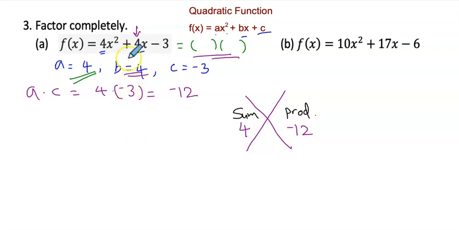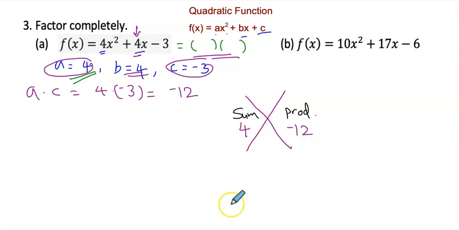So once again, the sum is the coefficient of x. The b value is always the sum and the product is the product of a and c, 4 times negative 3, that is negative 12 you got. So now give me two numbers whose product is negative 12 and the sum is 4.